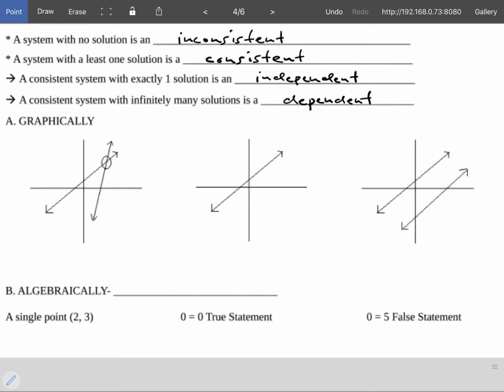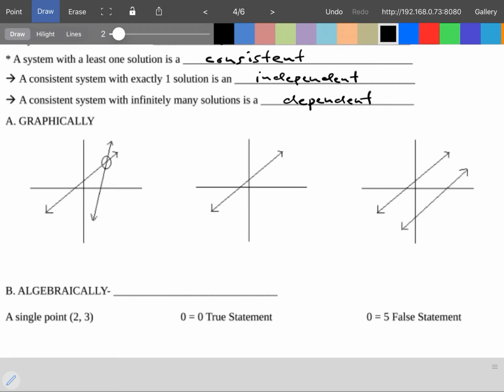So what you're going to write on top of this one is, this one is one solution. If it has one solution, then from above, we know that that's consistent and it's independent.